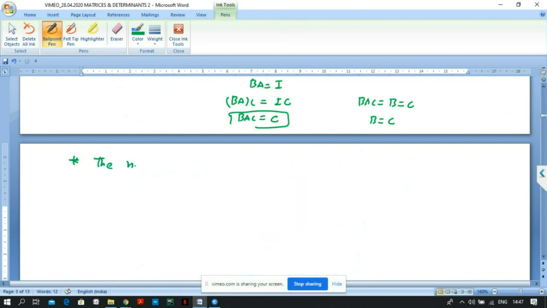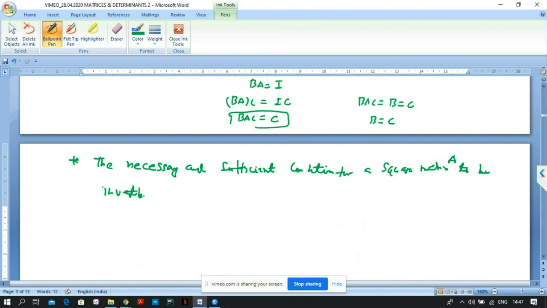A very important result says that the necessary and sufficient condition, which always gives trouble to students, for a square matrix, let's name it A, to be invertible, is that det of A is not 0.